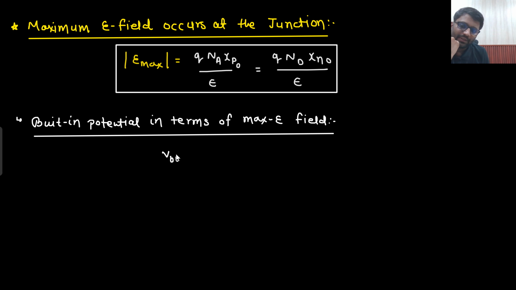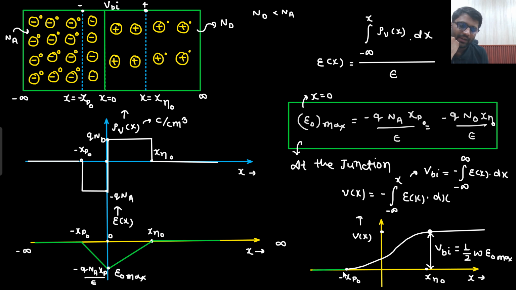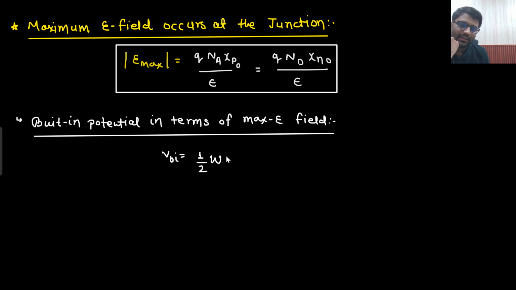Sir, built-in potential was coming out to be half into base into height. Height would be E naught max. So it can be written as half into, what is my E naught max? That is Q Na xp naught divided by epsilon.